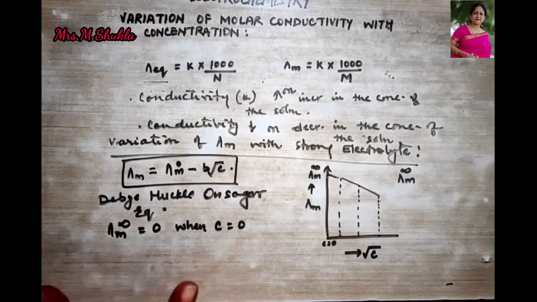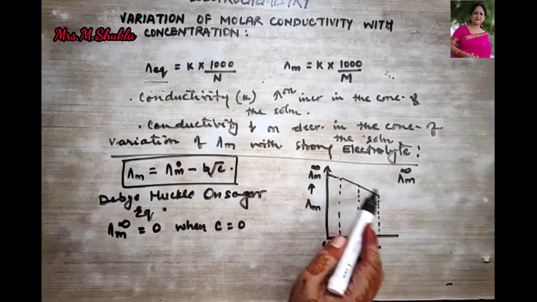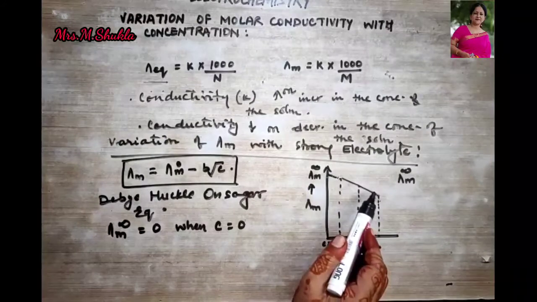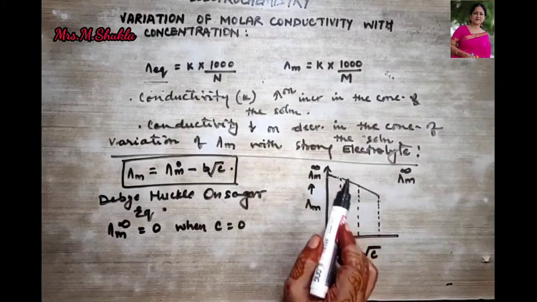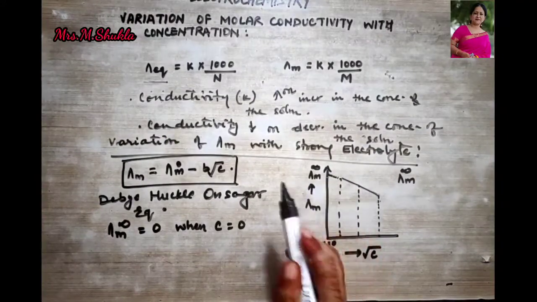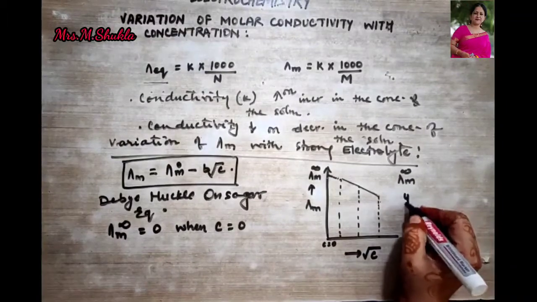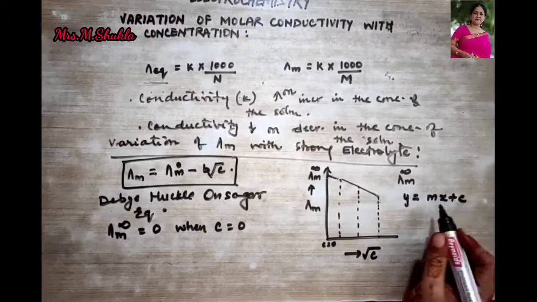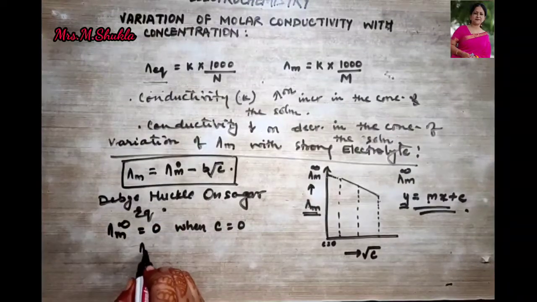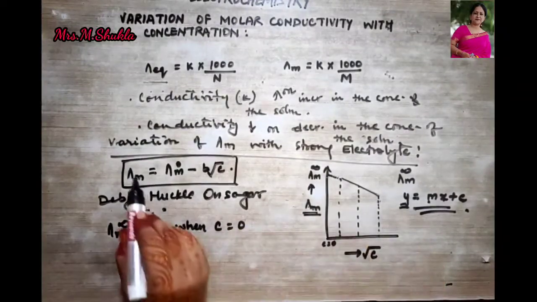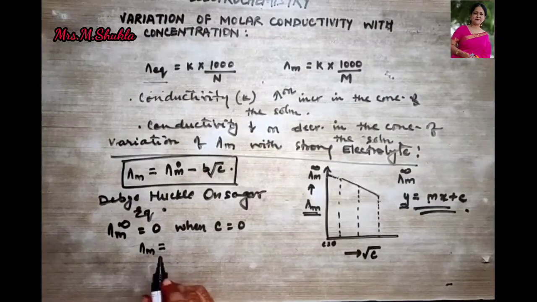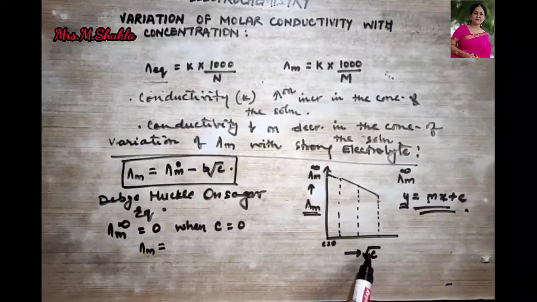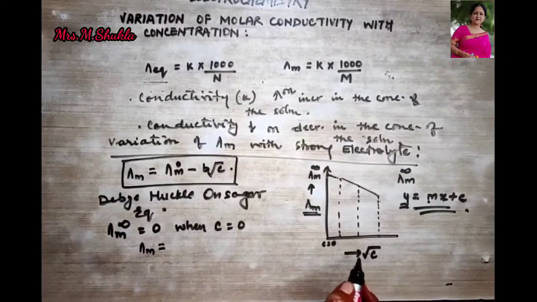Clear? Now let's talk about the slope that we see over here. What do we find? It is a straight line. So how can we say that it is a straight line? Because it follows y is equal to mx plus c. Y is your molar conductivity, and x is your under root c.